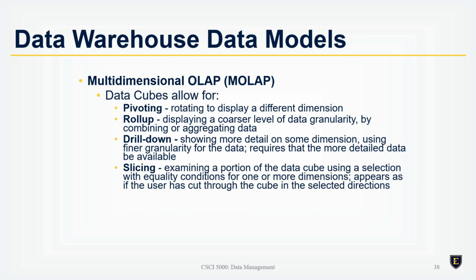You can also slice by examining just a part of that data cube and slice through it, looking at a selection of that data with equality conditions for one or more of the dimensions. So, for example, in the previous slide, we had the month of June. So that was a slice looking specifically at the month of June. Dicing is looking at a range of values in a selection.